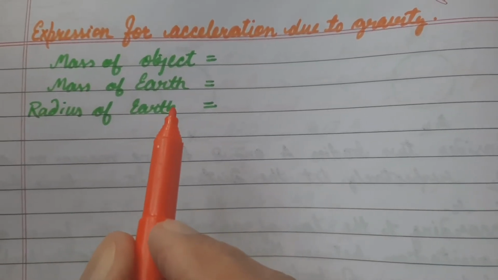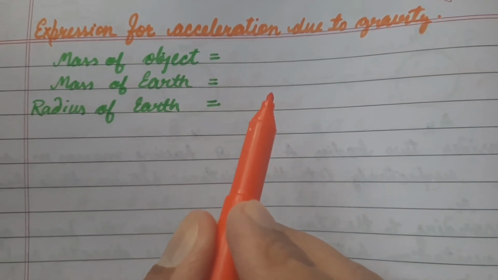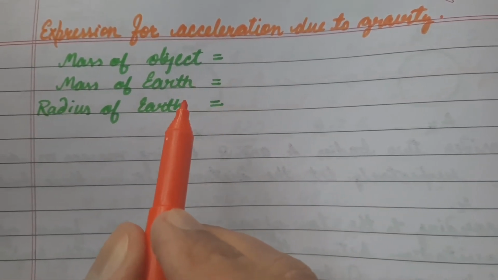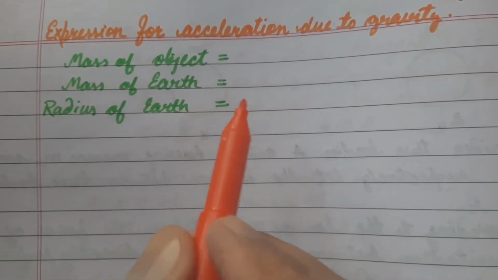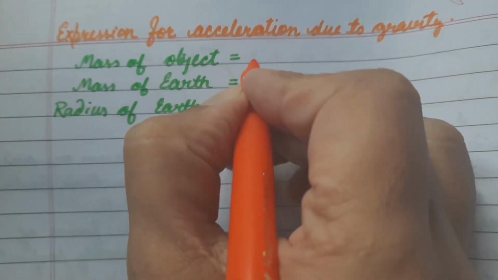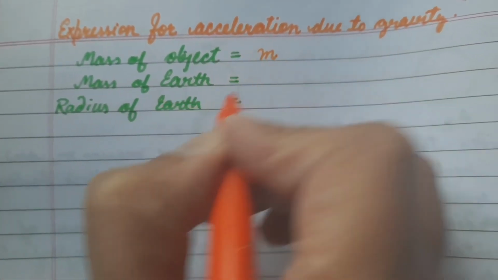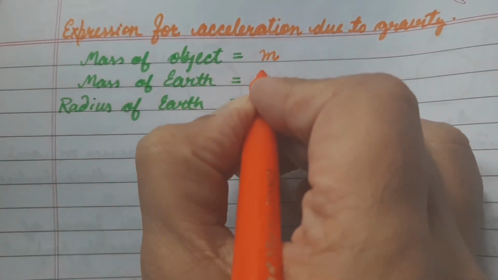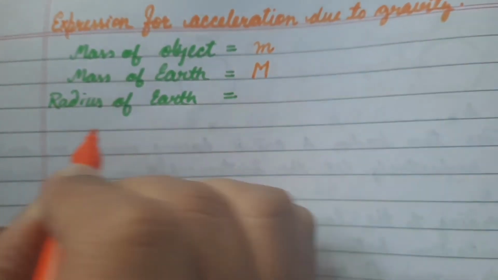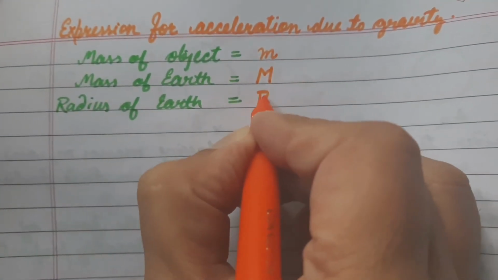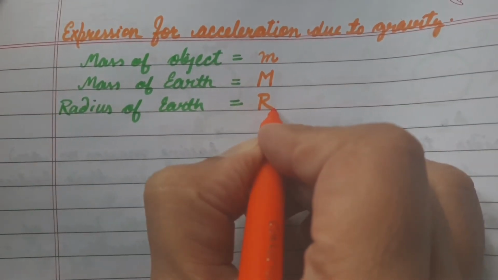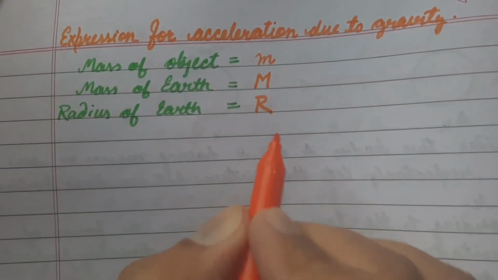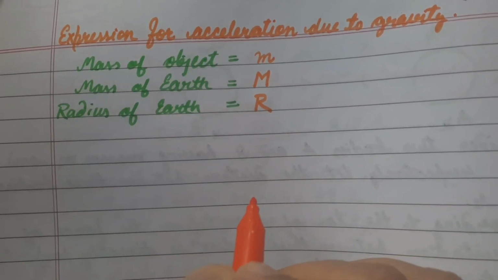Expression for acceleration due to gravity. Consider a body of mass m near the surface of Earth. Mass of the object, small m. Mass of Earth, capital M. Radius of Earth, r. The force acting on the body is the gravitational force of the Earth.